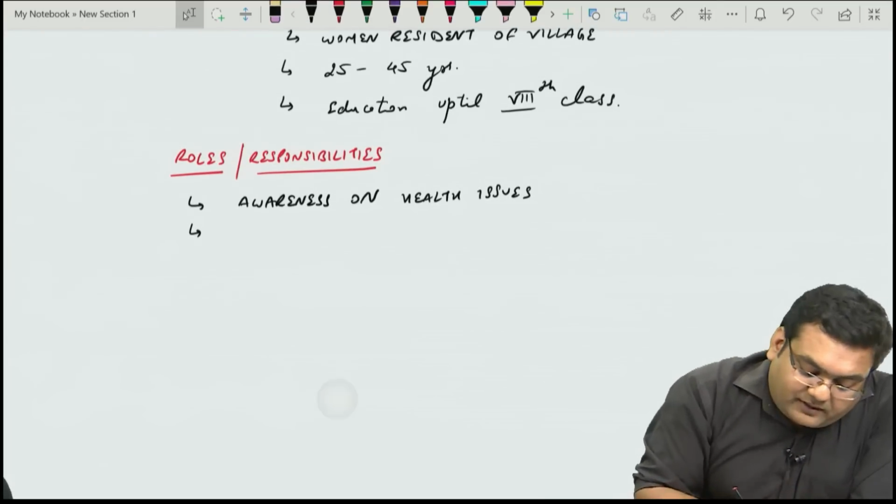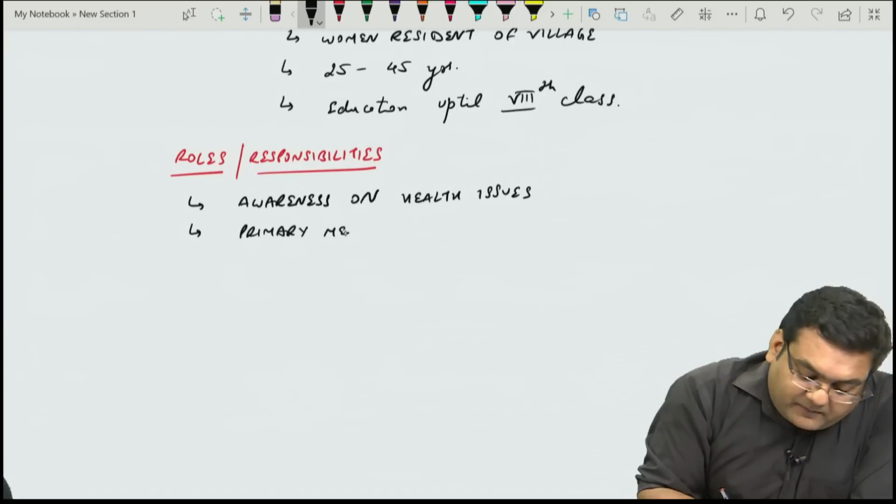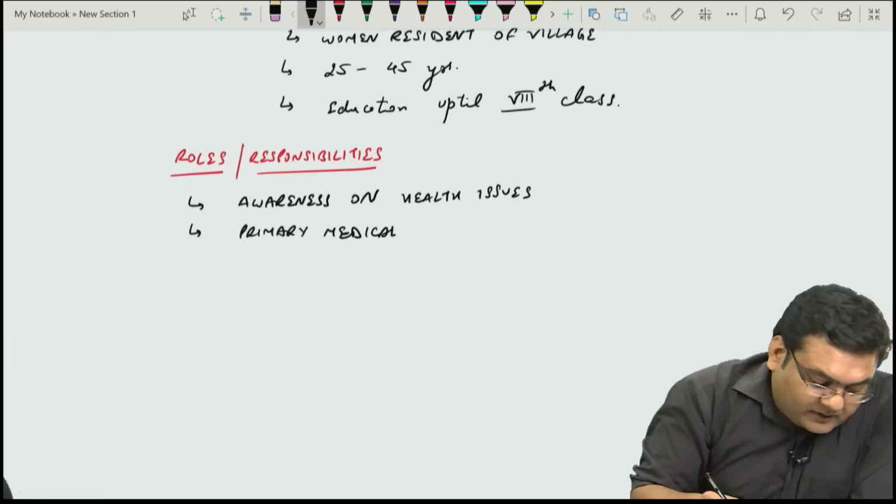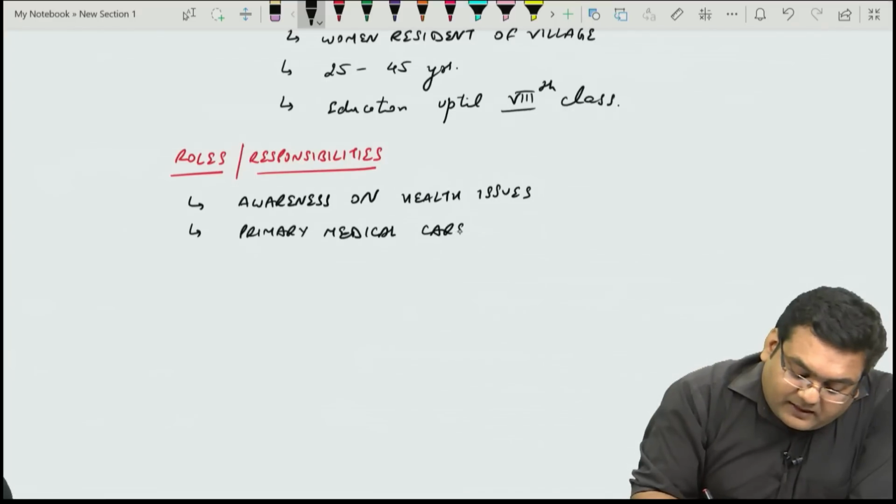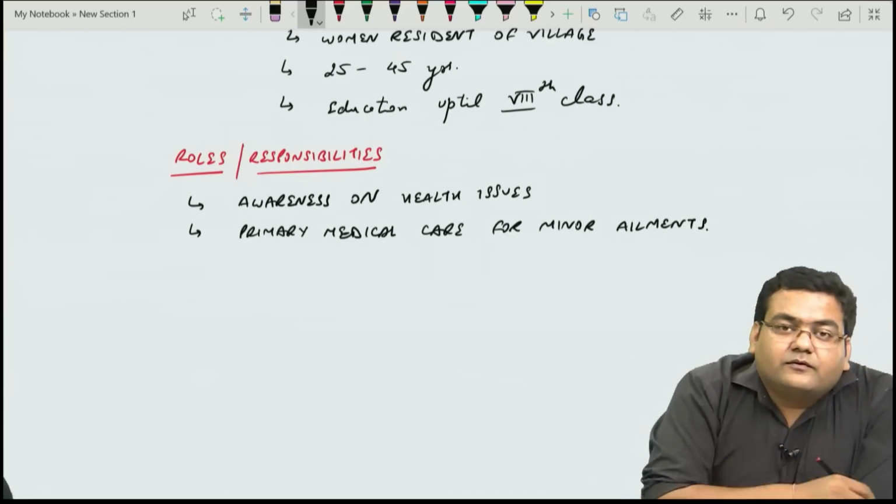Second important point is providing primary medical care for minor ailments.